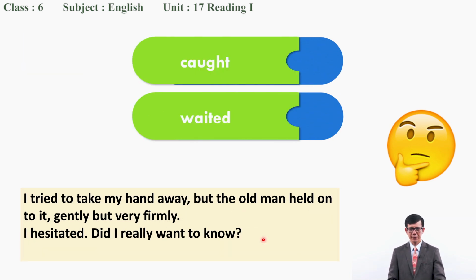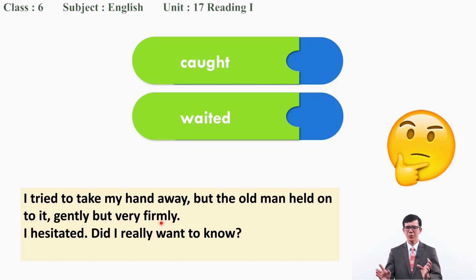We still have some words. Look, it is caught and waited. So what are the similar meanings in this part? I'll read it out, and you try. I tried to take my hand away, but the old man held onto it gently but very firmly.